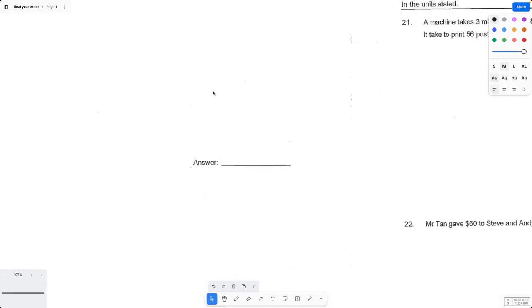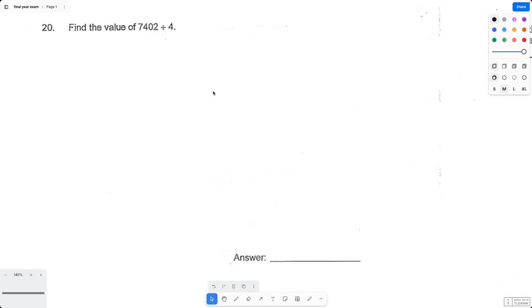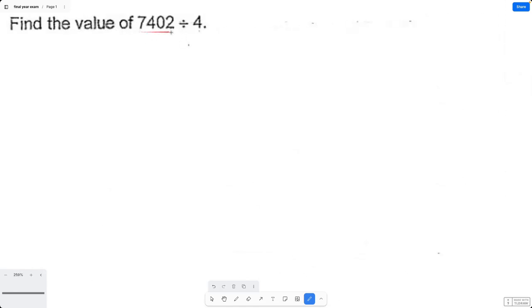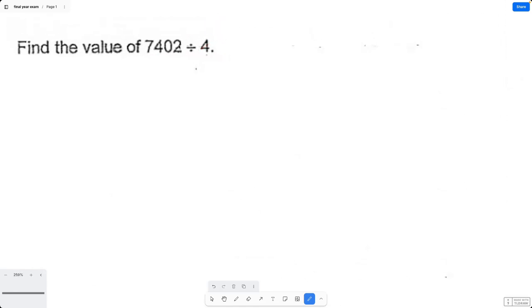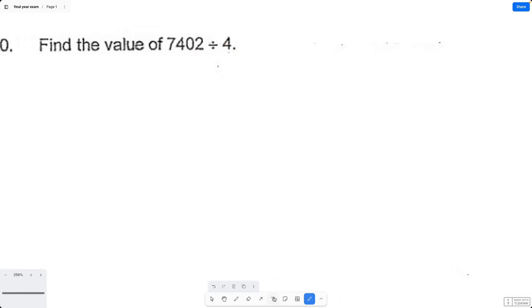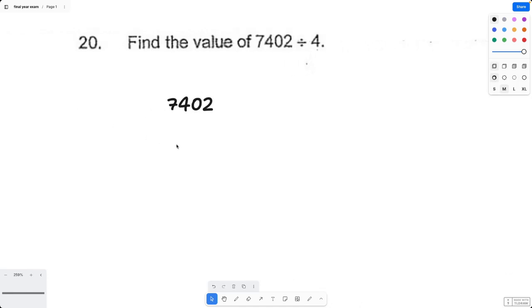Question 20. Question 20 says find the value of 7,402 divided by 4. Pretty straightforward. We can just do the workings now. So 7,402, and then we can have this divided by 4. We can work on the first number.